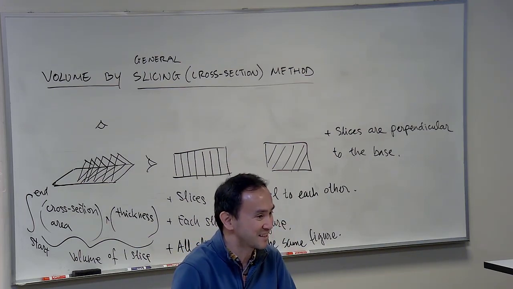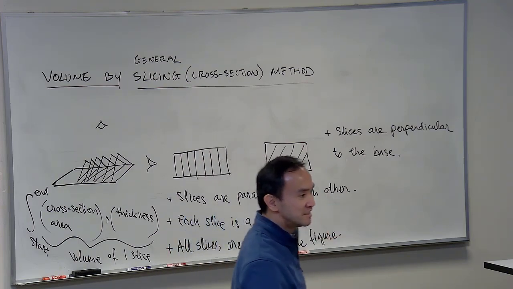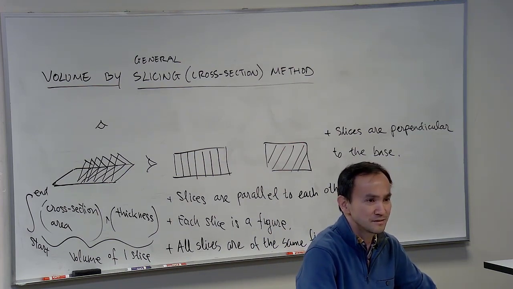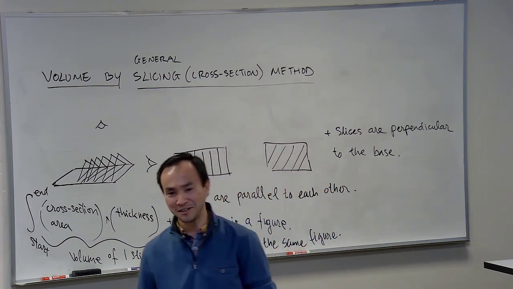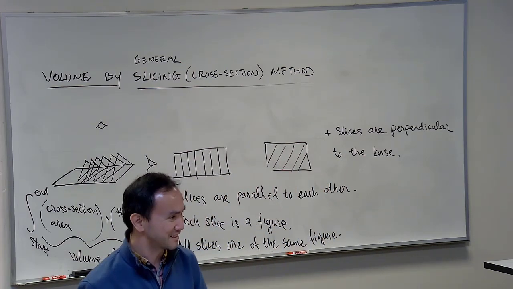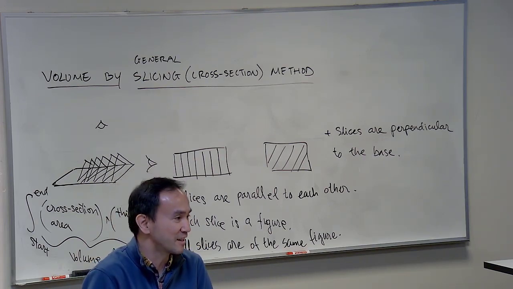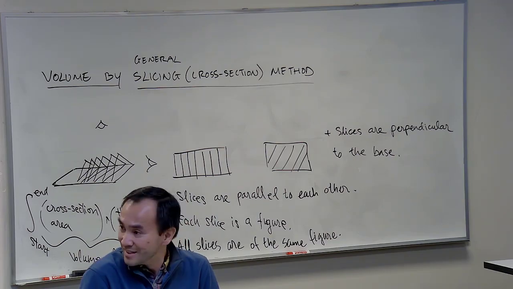It's not that one is a triangle and the next one is an equilateral triangle. Maybe in some near future we're going to learn about the figure of the slice changing like that, but probably not in this class. We don't want to do this in our class yet. Okay. Any other questions for you?